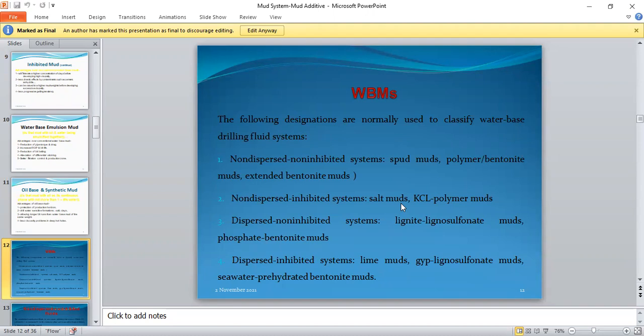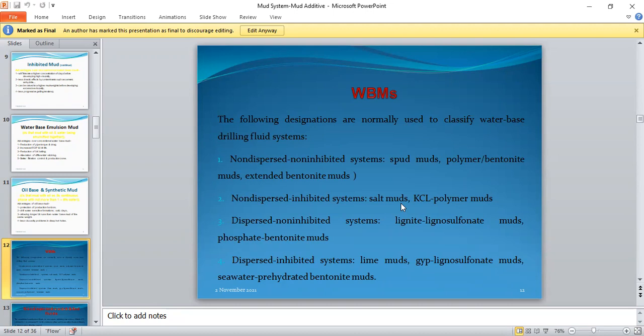Mud, we call it system. It's a system because it runs. It does all manner of functions. That's why we call it system. It's made up of different components, both liquid, solid, and the rest. So when you see system, it's mud.